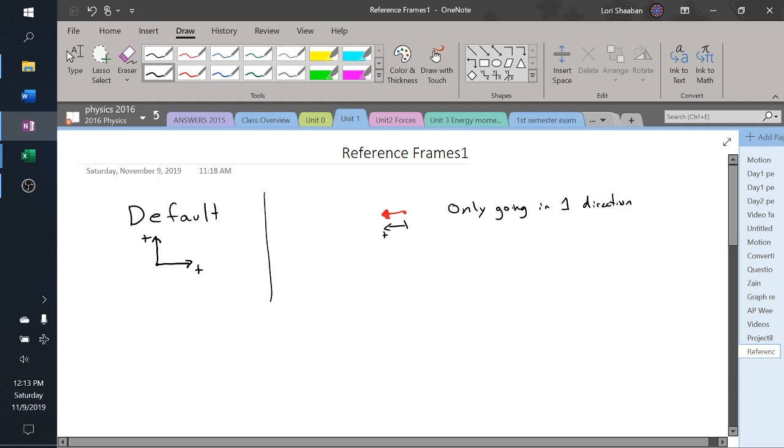Just have the origin at its location, and it's going in the direction the object is moving. If the object was traveling only to the right, then we would have to the right be positive. If the object was traveling only up, we'd have up be positive.